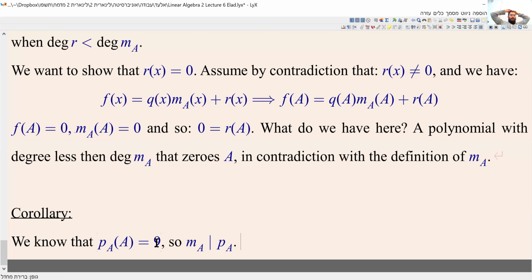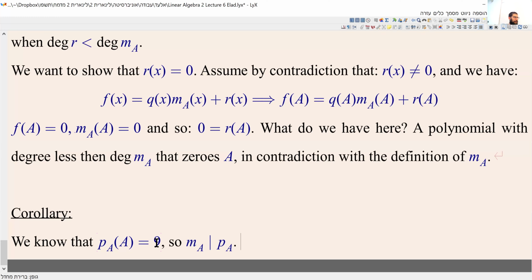Now, if we think of dividing as an order relation, and it is one, every polynomial divides itself, and if f divides g and g divides f, then f equals g, etc. Then MA is the minimal element of the set of the polynomials that zero A in that notion, minimal in the dividing or divisible-by relation.